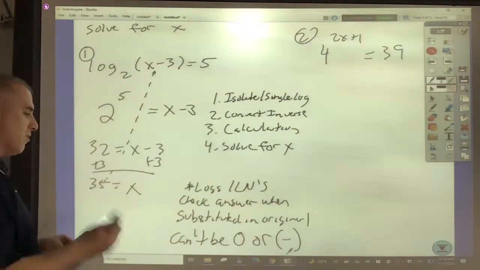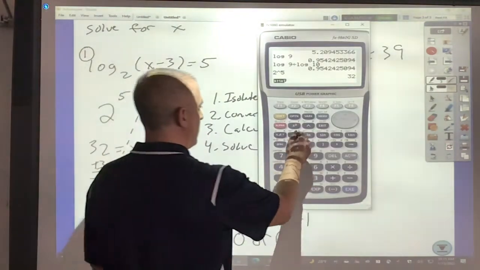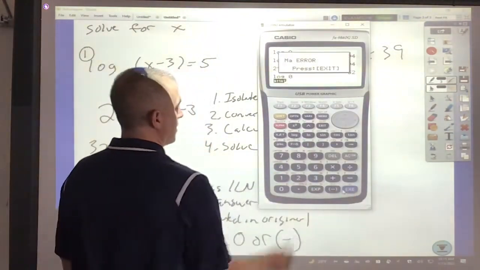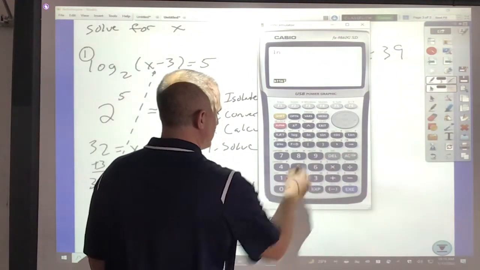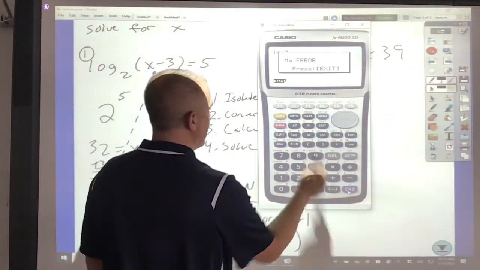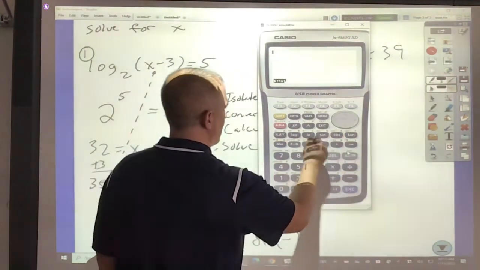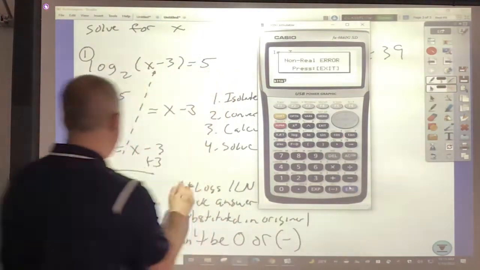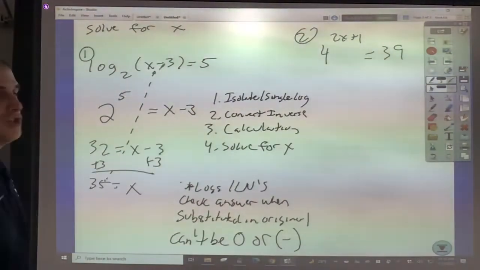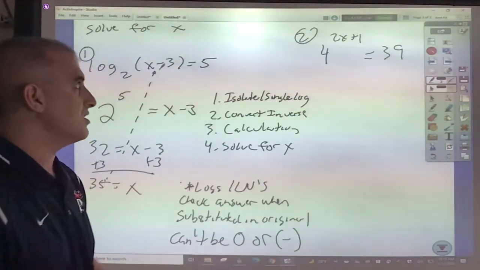The reason for that is anytime you take a log of 0, you get undefined. Anytime you take a natural log of 0, you get that. Anytime you take a log of a negative number, or the natural log of a negative number, you get that. So you just got to check. So 35 goes in there, I'm in good shape. That's only for logs and natural logs.